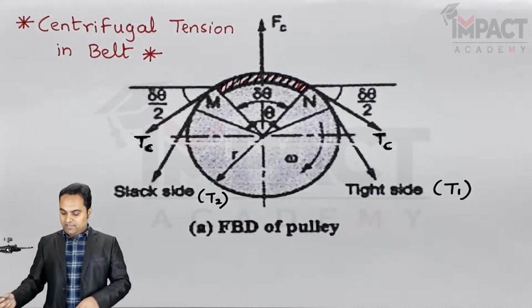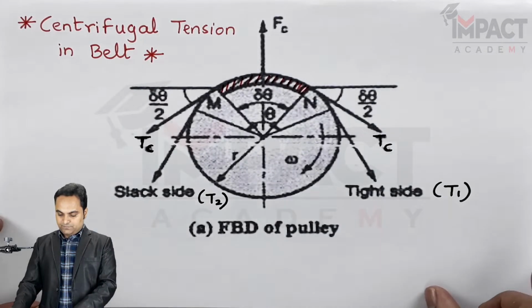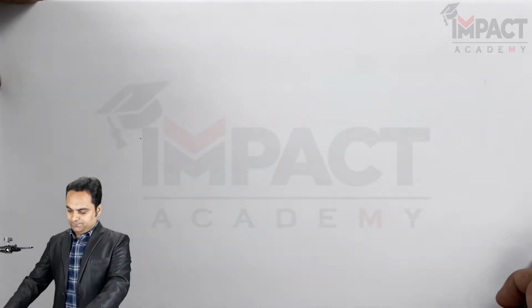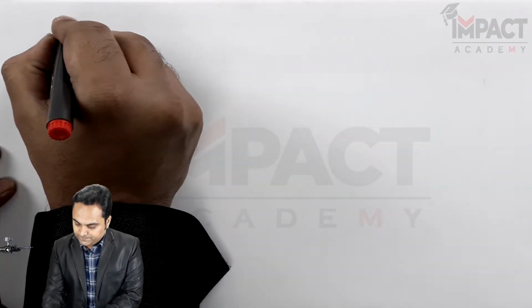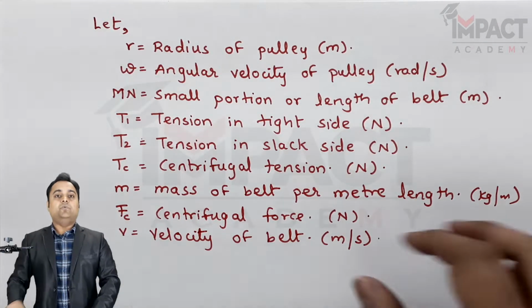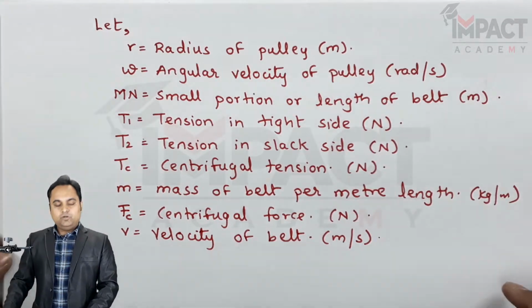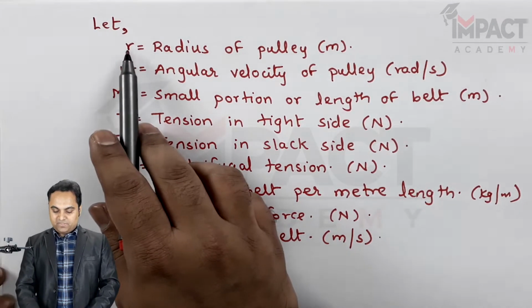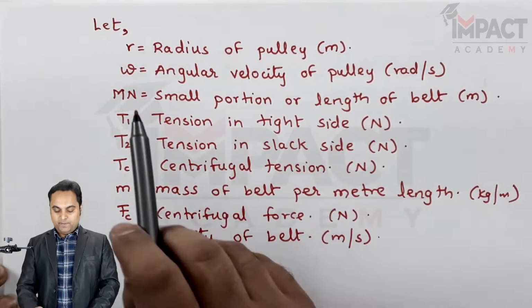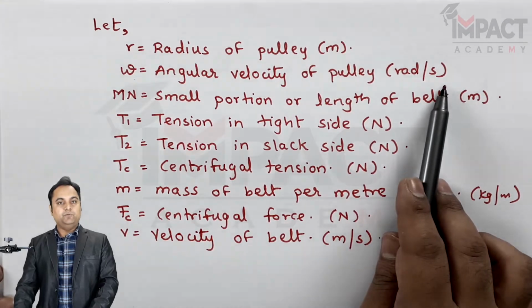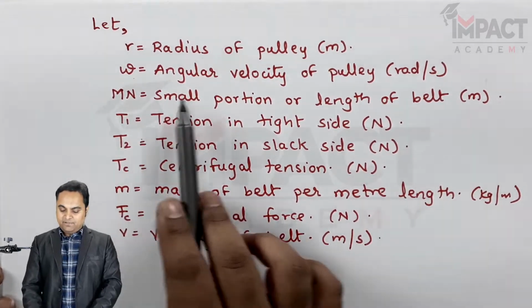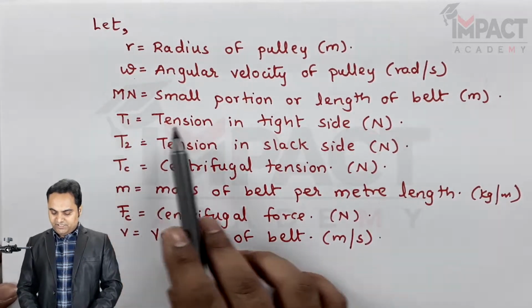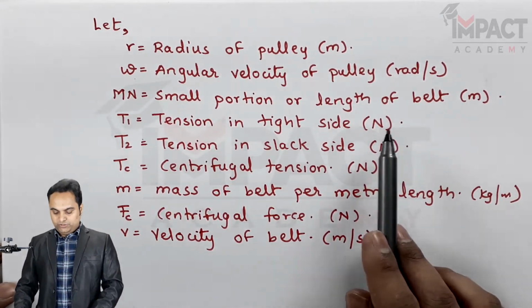Now here quickly I'll mention the terms which I am going to use in the derivation part. Here I have defined all the terms: small r indicates the radius of the pulley, omega is the angular velocity of the pulley in radian per second, mn is the small length of belt which I have taken, T1 is the tension in tight side, unit is Newton.